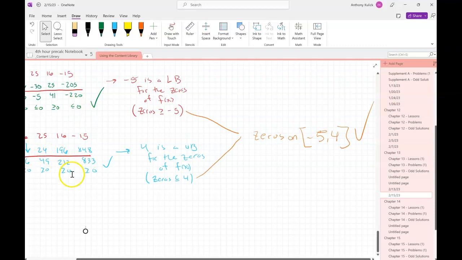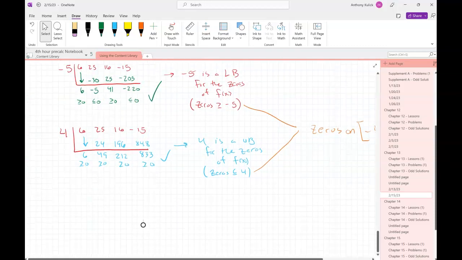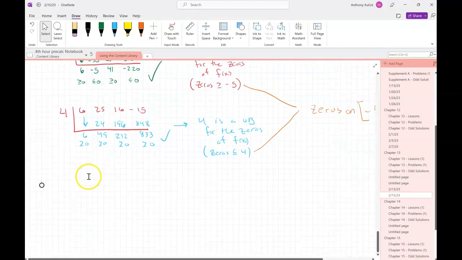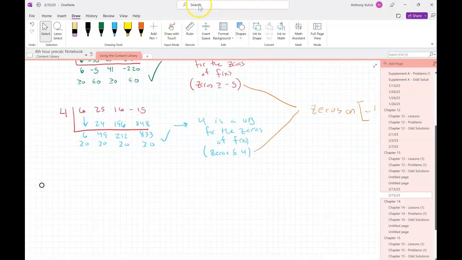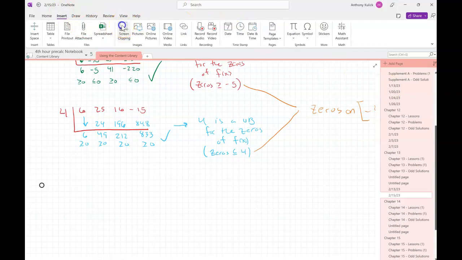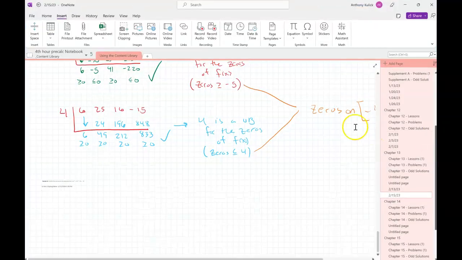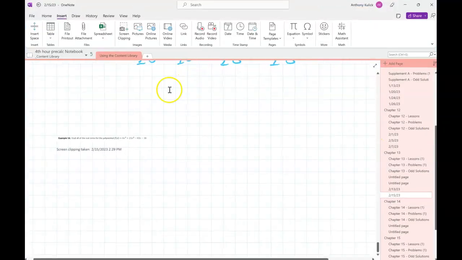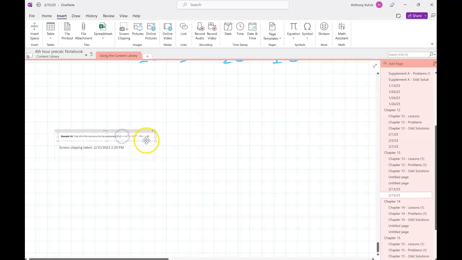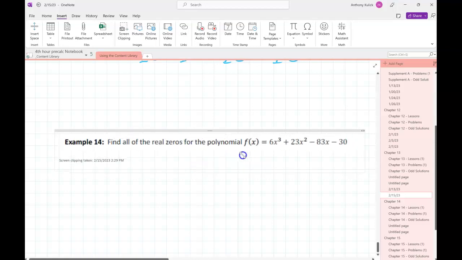Now, back in Mr. Kulik's day, that was a really powerful theorem and very powerful result. But now that you guys have access to a graphing calculator all the time, it's much less interesting of a result, because the graphing calculator can tell you that instantly.